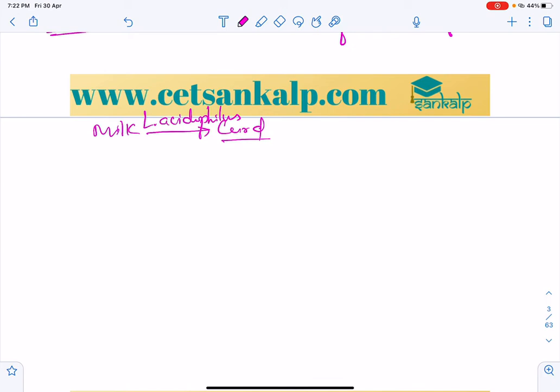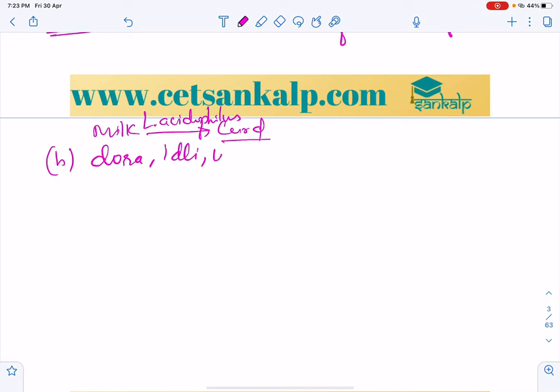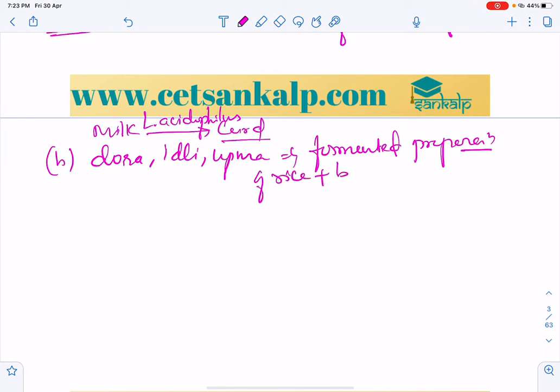A small amount of curd added along with fresh milk is called inoculum. And next, they also obtain household products like dosa, idli, upma, mainly by the fermented preparation of rice and black gram.